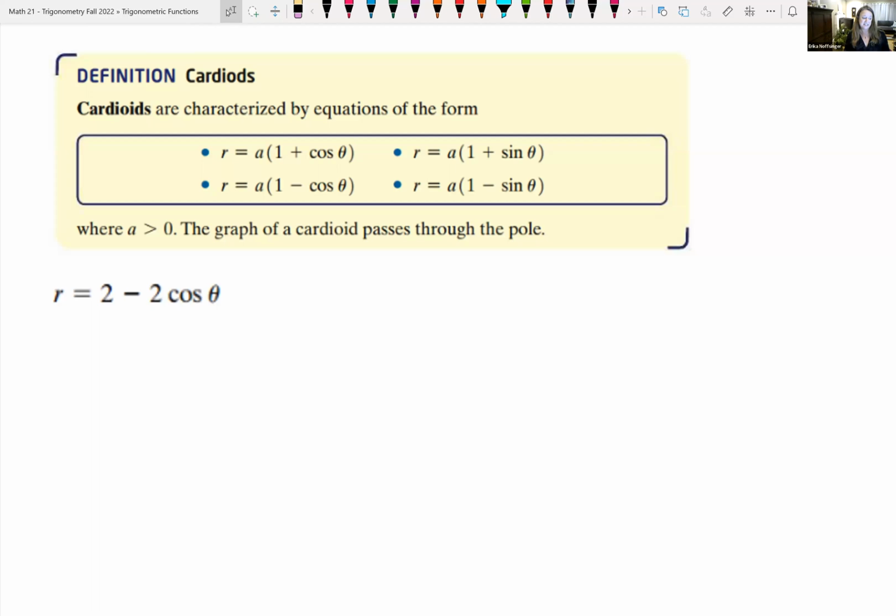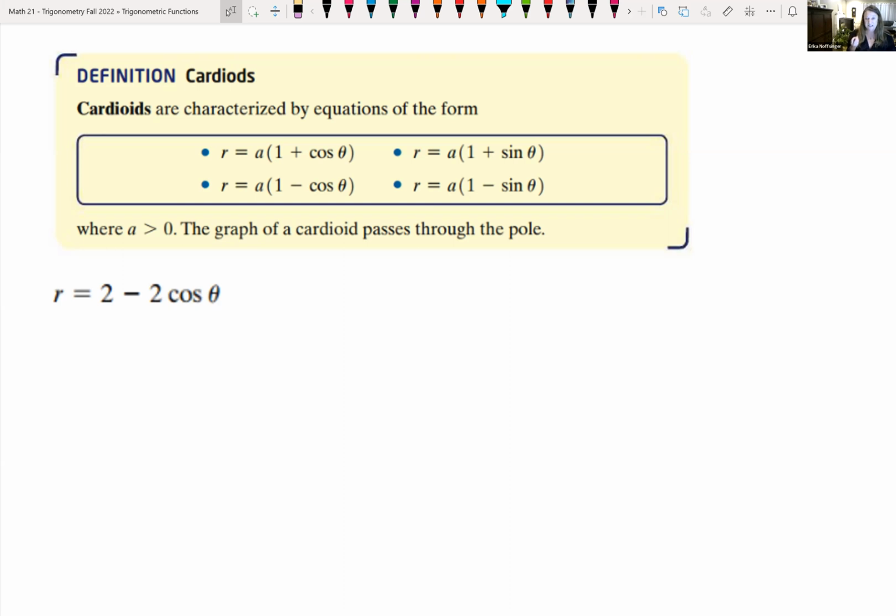So in front of us is the definition of cardioids. Cardioids are characterized by the equation of the form r equals a times the quantity 1 plus cosine theta, r equals a times the quantity 1 plus sine theta, or r equals a times the quantity 1 minus cosine theta, or r is equal to a times the quantity 1 minus sine theta.